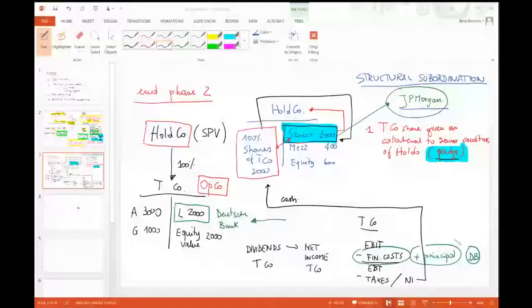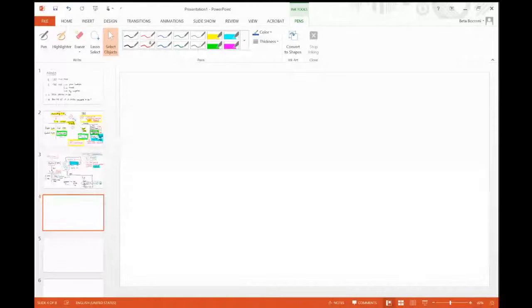So, how to collapse the two layers? Via a merger of the holding company into the target company. Whenever during interviews in investment banking, and this is one of the obvious tricky questions, they say, but why the hell is it necessary to merge a vehicle with an operational company?